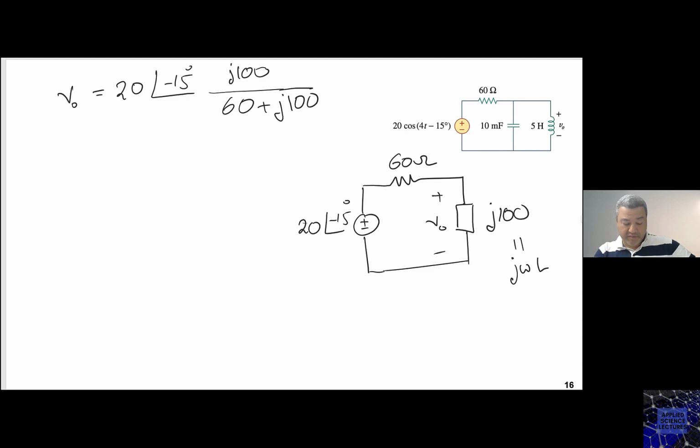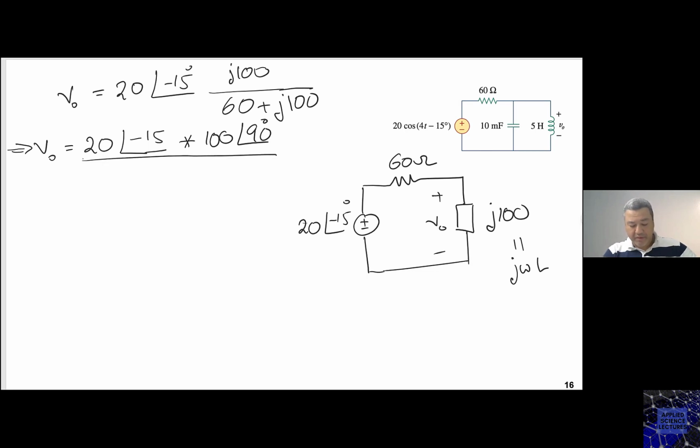Remember this j100 here means 90 degrees, divided by 60 plus j100.